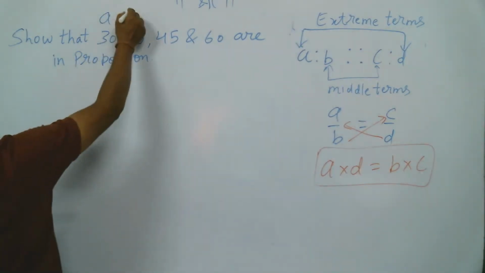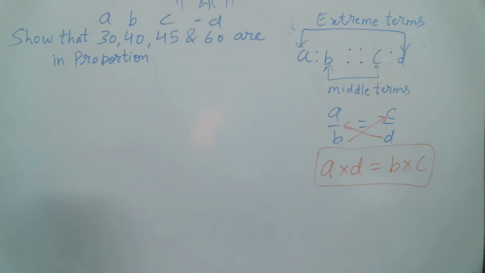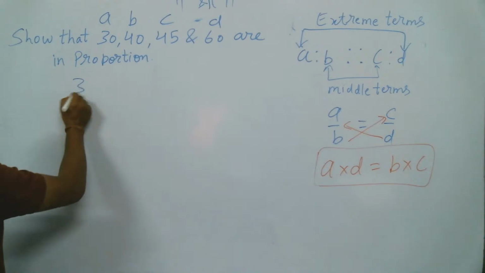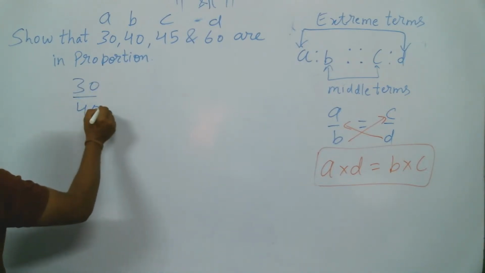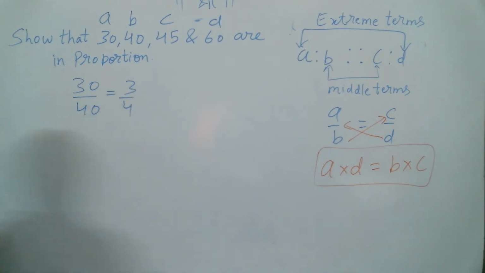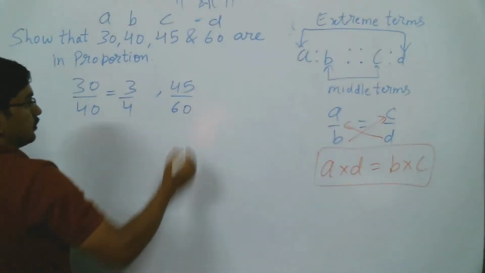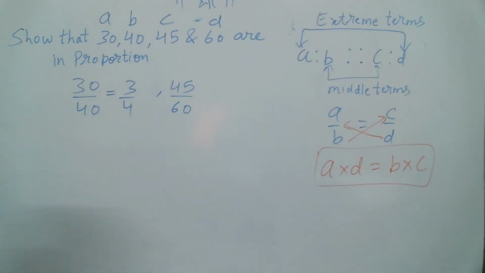So this is A, B, C, and D. Three is to 4. 45 is to 60.